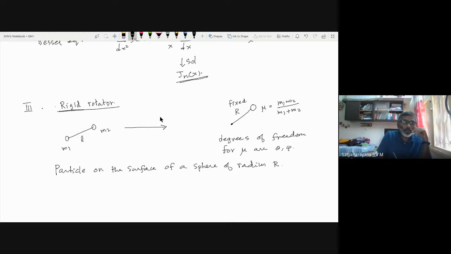So this problem and this problem are same, because rigid rotator is basically of two masses, and two mass problem can be converted into a single mass problem by using this reduced mass. And once you say that it is like this, with degrees of freedom theta and phi, the particle is always confined to the surface of a sphere of radius r. These two are same problems.